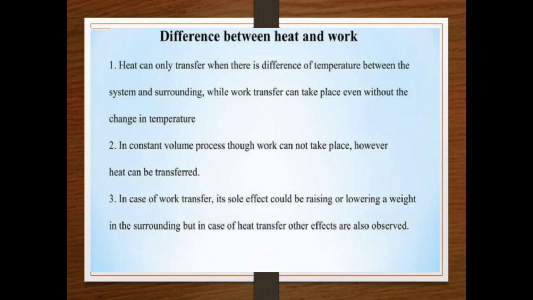Second, in a constant volume process, work cannot take place. However, heat can be transferred. In case of work transfer, its sole effect could be raising or lowering a weight in the surrounding, but in case of heat transfer, other effects are also observed.